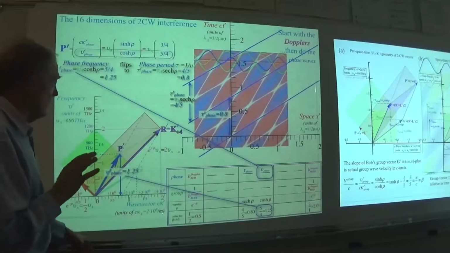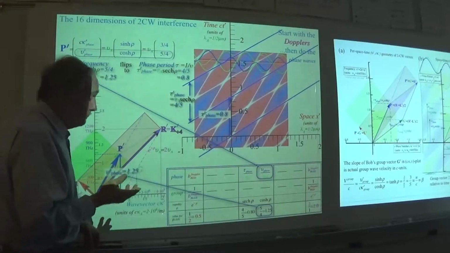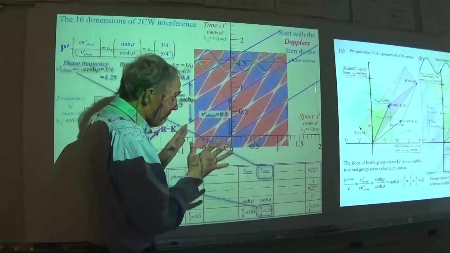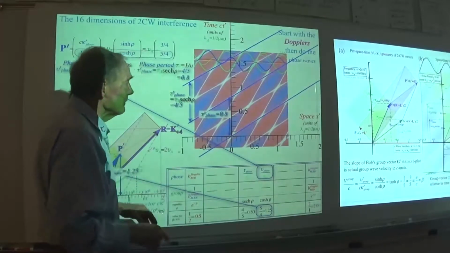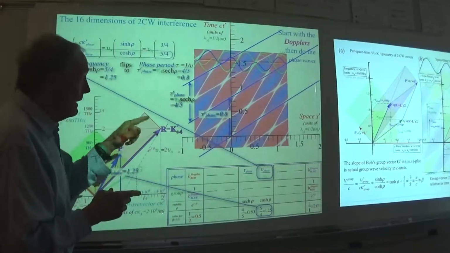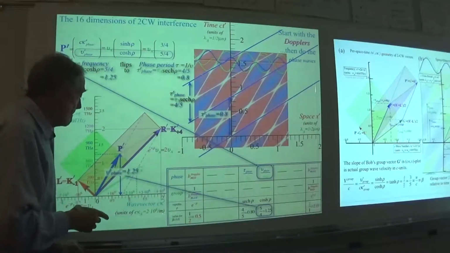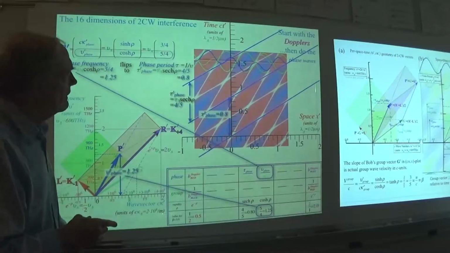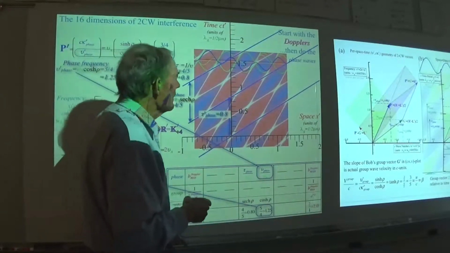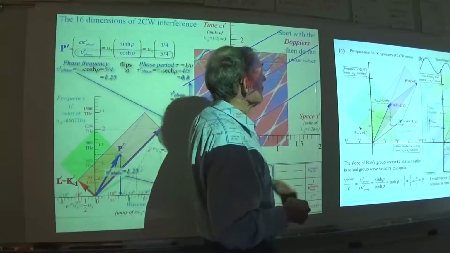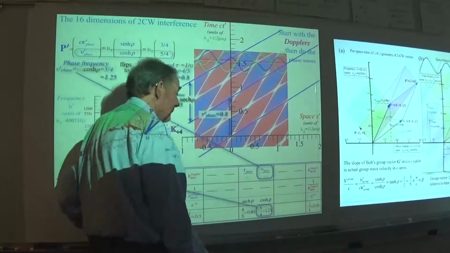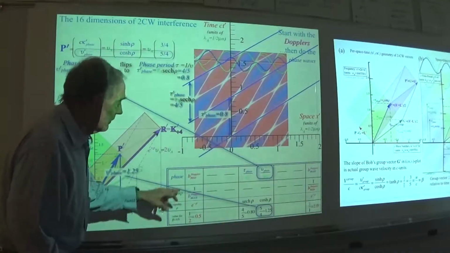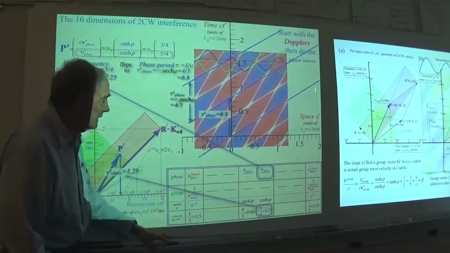And we'll get to that in a minute, but right now it doesn't really show itself. We need to be looking at the group paths for that. Okay, let's see if there's anything here. I mean, this is basically a game of starting with Dopplers and filling in this table. And the Dopplers are on the end here.